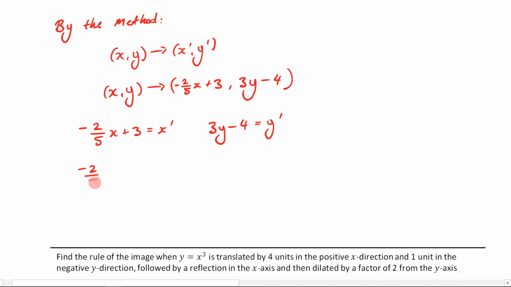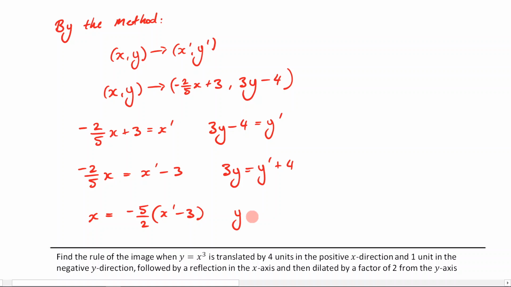Minus 2/5 x is equal to x dash minus 3, which means x is going to be equal to negative 5 on 2, x dash minus 3. And then over here, I'm going to get 3y is equal to y dash plus 4. And then y is equal to y dash plus 4 over 3.